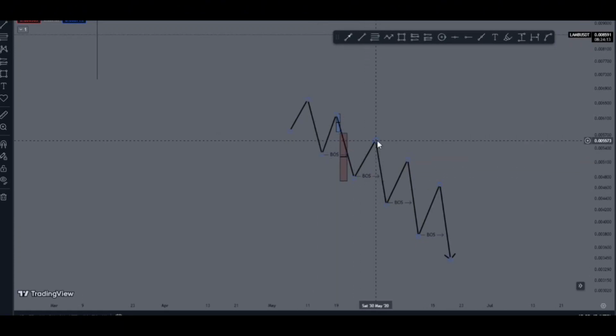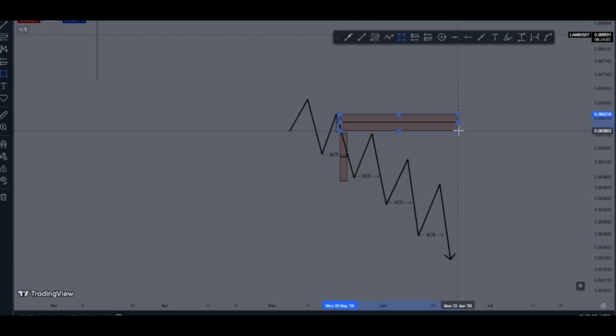And we saw that the market will come to retrace. You see that the market is coming to retrace to touch this zone, to touch the last bullish candle. You can put it from the bottom of the wick. So the market will always come to touch the supply zone.